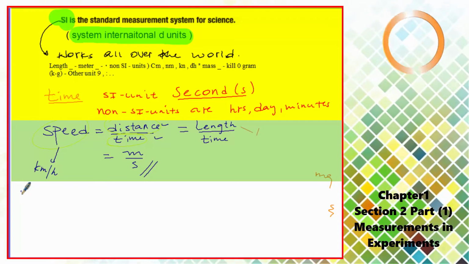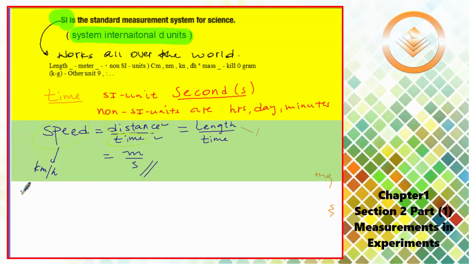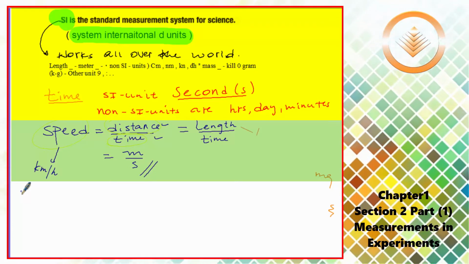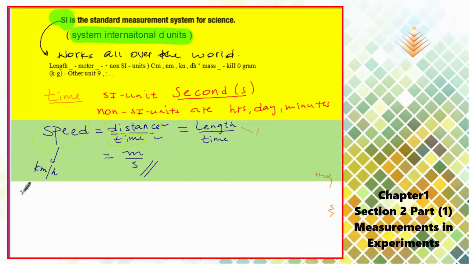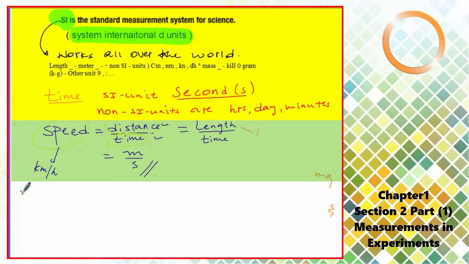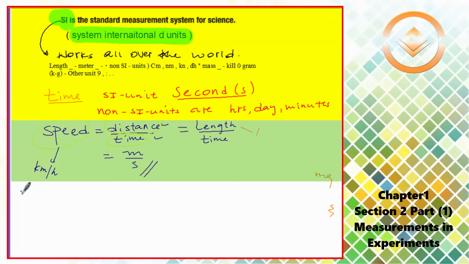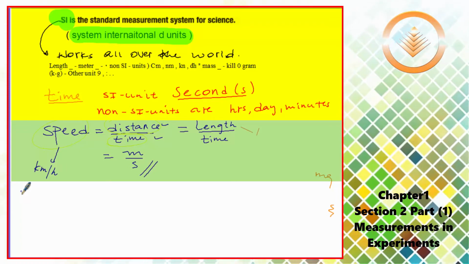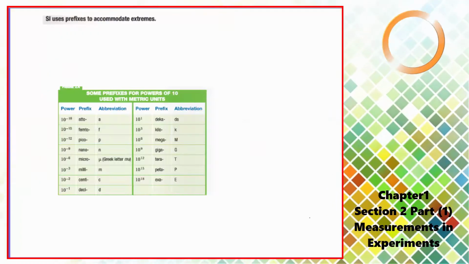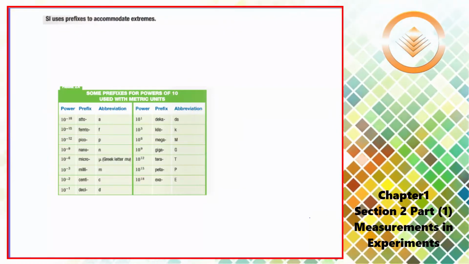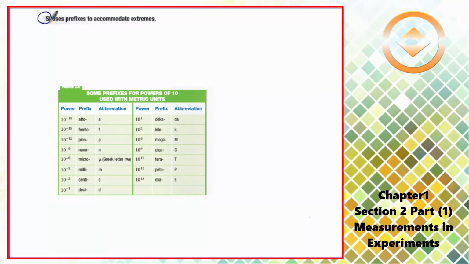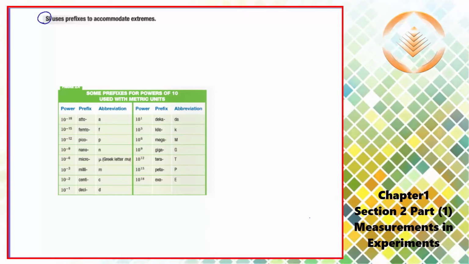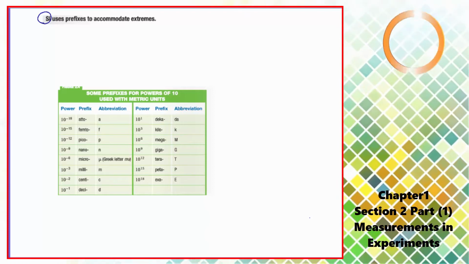But here what you have to know is that when scientists are measuring a physical quantity, sometimes they use prefixes. Whenever they are measuring physical quantities, they use prefixes.